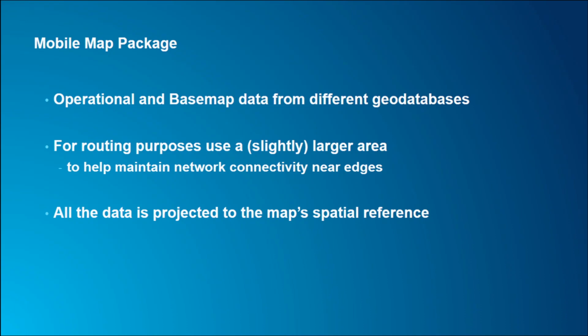And one other thing is that all this data gets projected when you create the mobile map package to the map spatial reference. So if you're intending to use this data for analysis purposes and the spatial reference is something that's important to you, you have to think about that when you're creating the mobile map package.